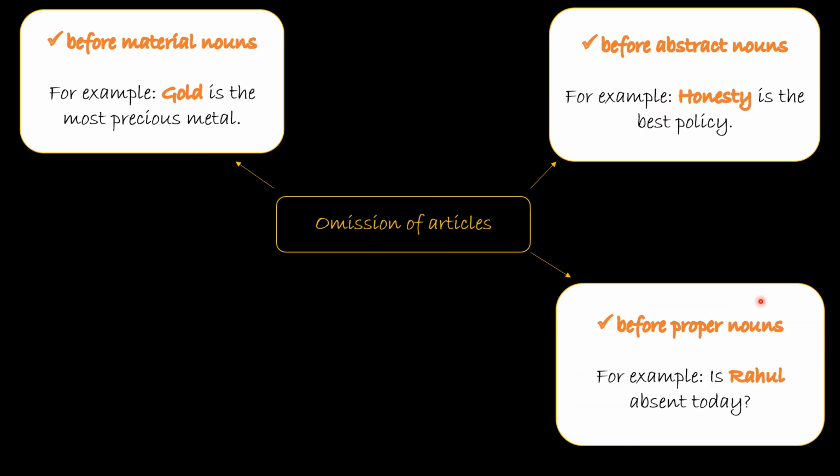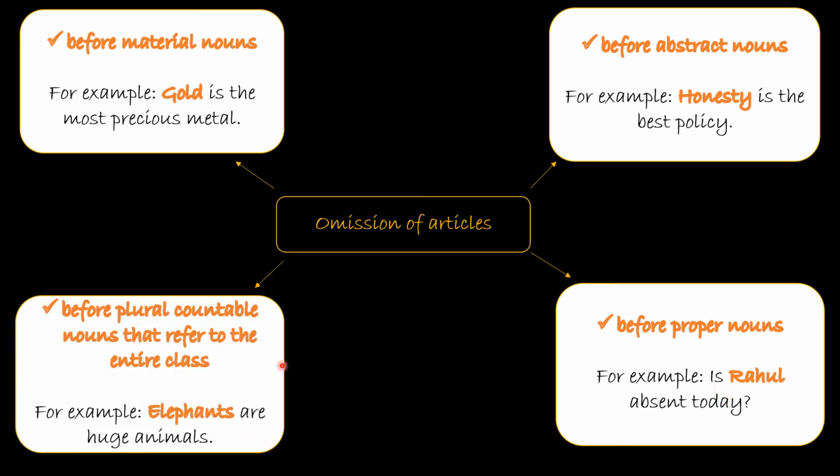Before proper nouns, means the proper name of a person, place or a thing. Like here, is Rahul absent today? Rahul is a proper noun, so we haven't used any article here. Now before plural countable nouns that refer to the entire class. Now here, elephants are huge animals.